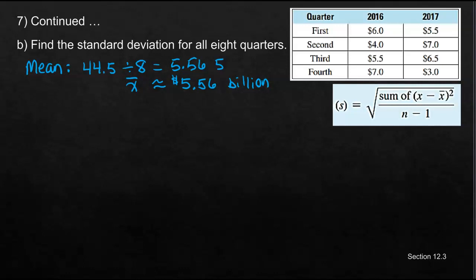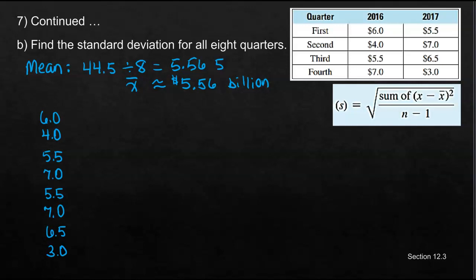So we're going to take each of the numbers in the chart and list them. And I'm just going down one column and then the other one. So I did the 2016s first, and then I went to the 2017s.